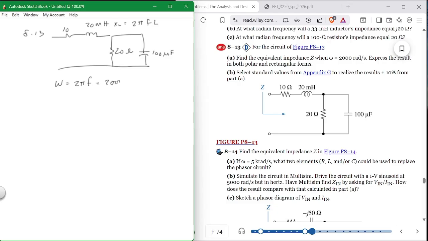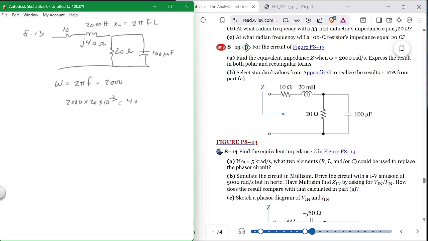It's 2,000. So what is the X sub L up there? It's 2,000 times 20 times 10 to the minus third. So it's equal to what? 40. So this is 40, and what's the units? It's ohms, but there's a J in front of it.